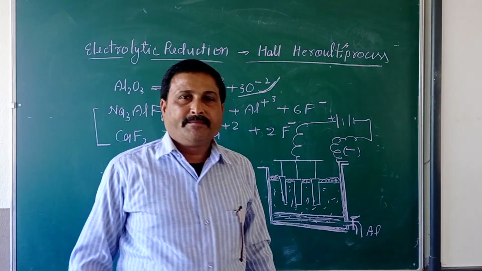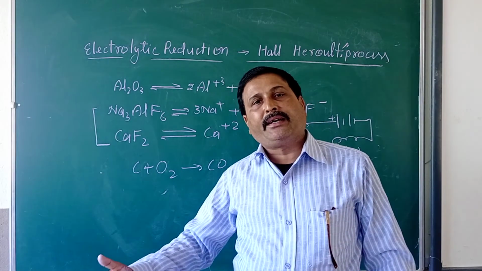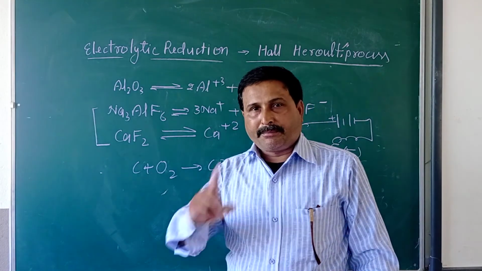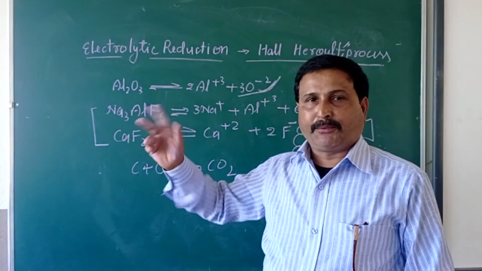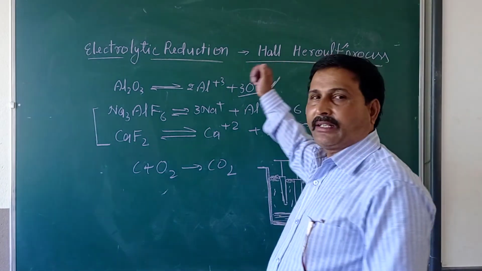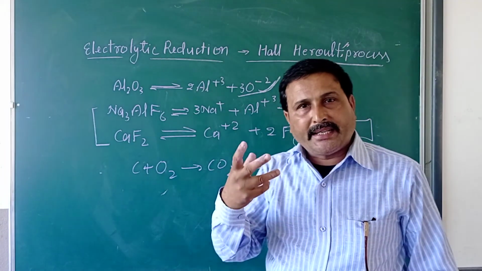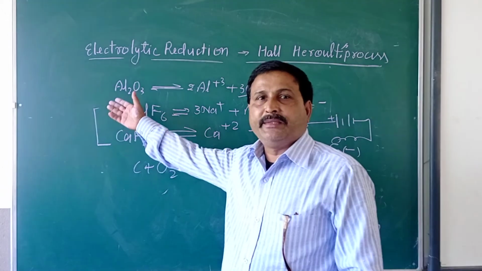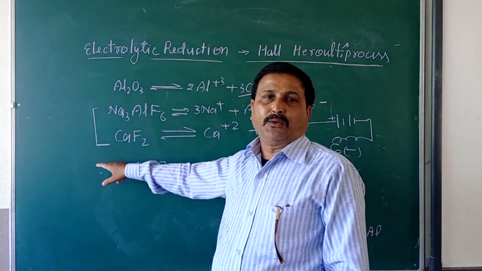Today I have explained the ores of aluminium, the methods for concentration of the ore, Bayer's process and Hall's process. Then I explained electrolytic reduction of alumina by the Hall-Heroult process. What electrolyte are we taking? Alumina, cryolite, fluorospar. What is the use of cryolite and fluorospar?